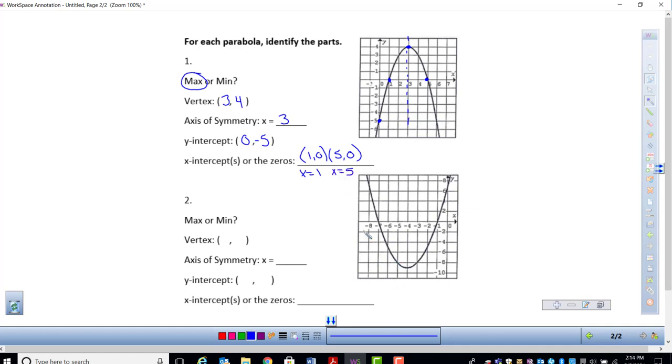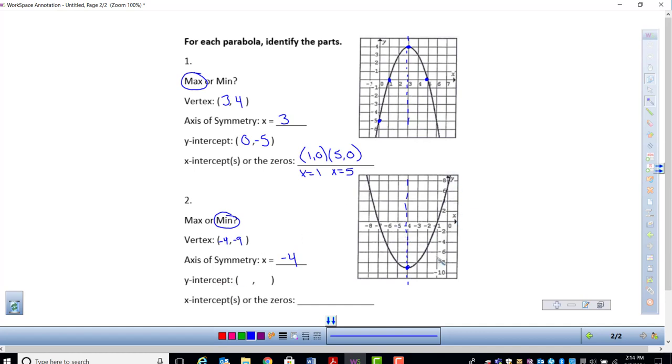One more example. So this one, we see that our parabola is opening up. So this is a minimum value at the vertex. When we look at our vertex, we have -4, and we see this is going by 2's. So this would be (-4, -9). Our axis of symmetry goes right through the vertex in the middle. Always x equals -4. Again, can steal that from my vertex.